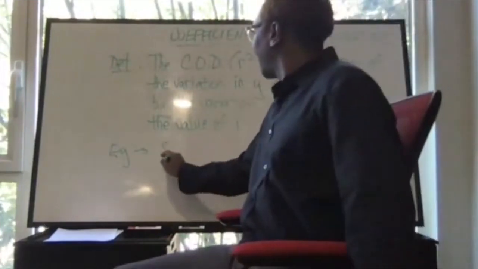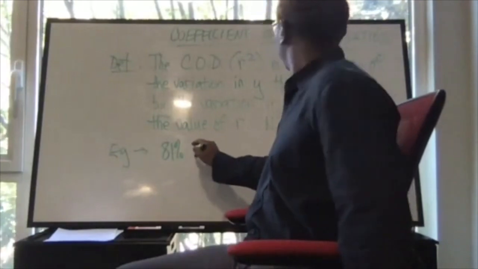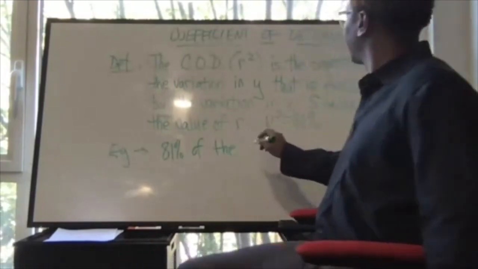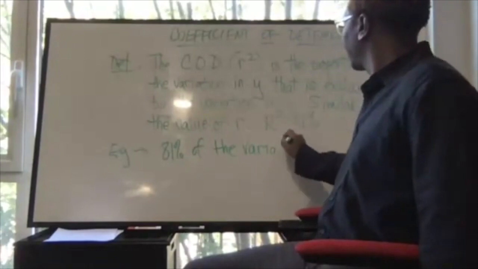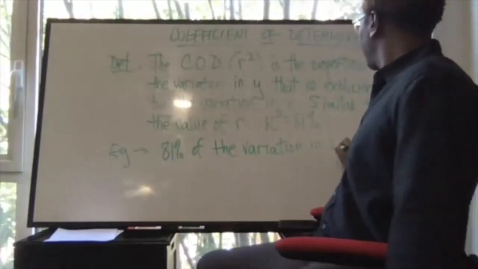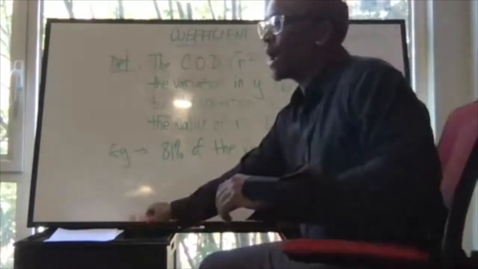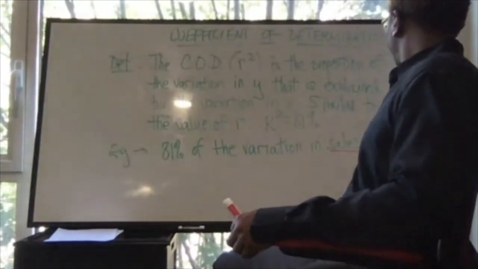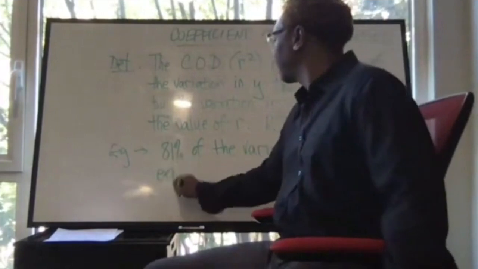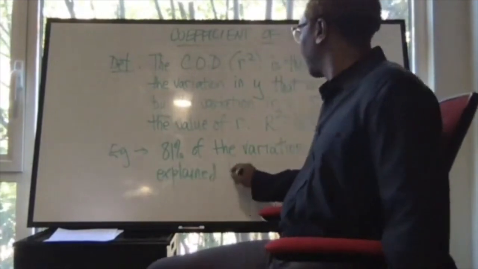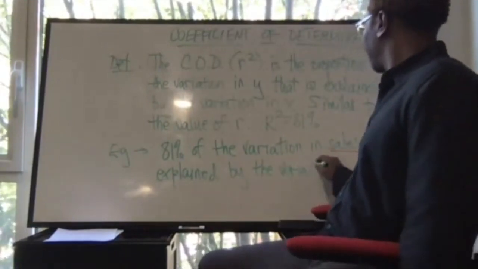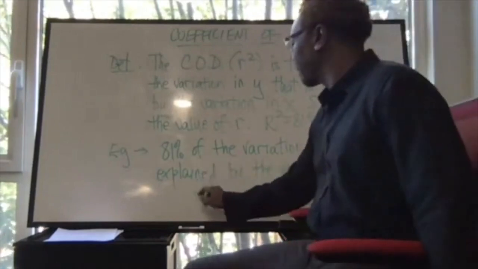You have this 81% here. 81% of the variation in sales, or whatever your Y is in that problem, 81% of the variation in sales is explained by the variation in foot traffic.